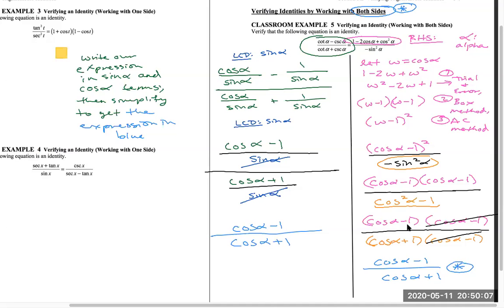I know it sounds a little confusing, but here we are. We got the left-hand side to look like our third expression, and we got our right-hand side to look like our third expression. Once they match, we're done.